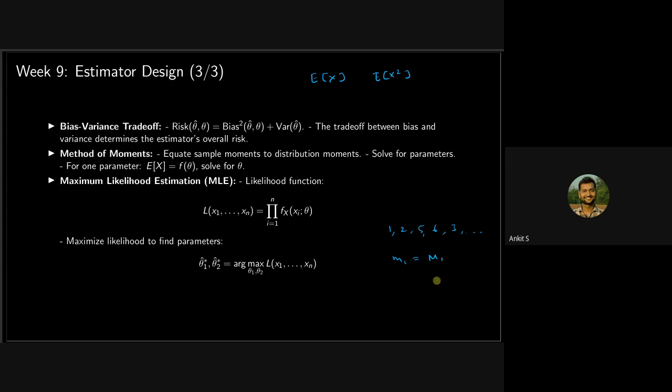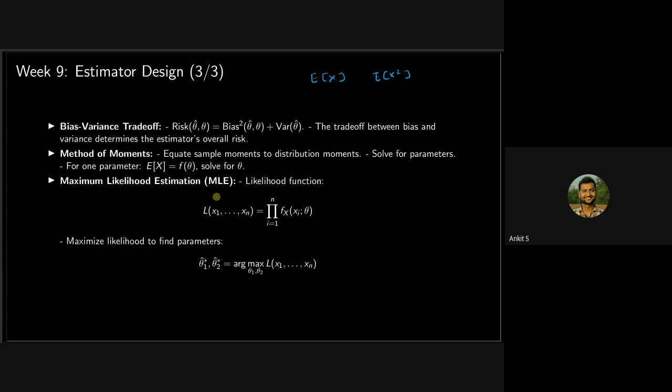You reverse this, and then you get the estimate for your parameter. We will see one example where you can do that. The main goal of this exercise is to equate distribution moments with sample moments, and then solve for theta.